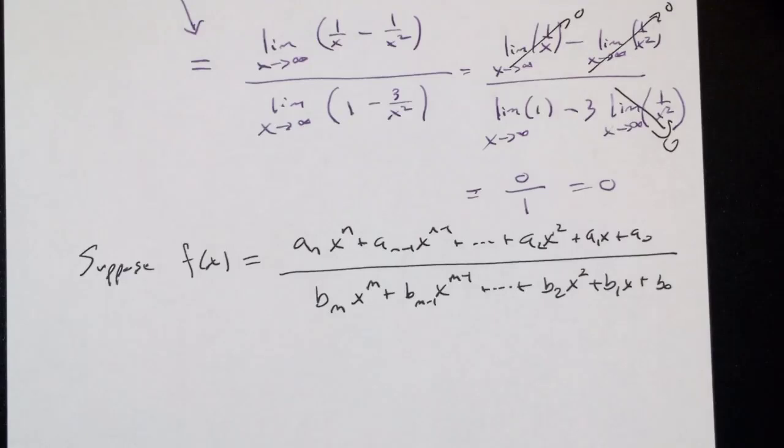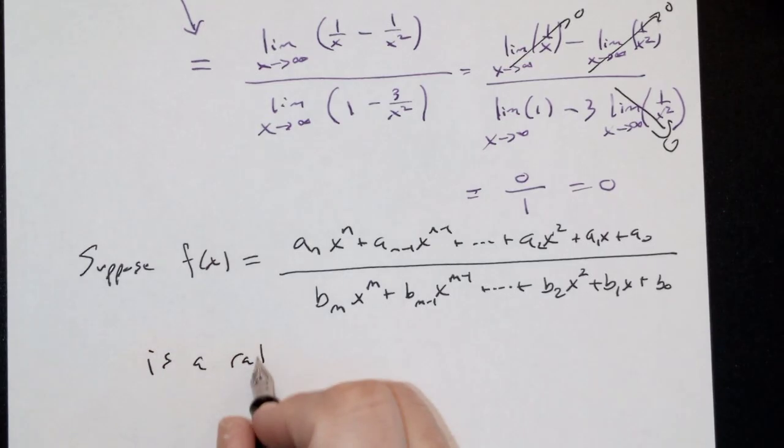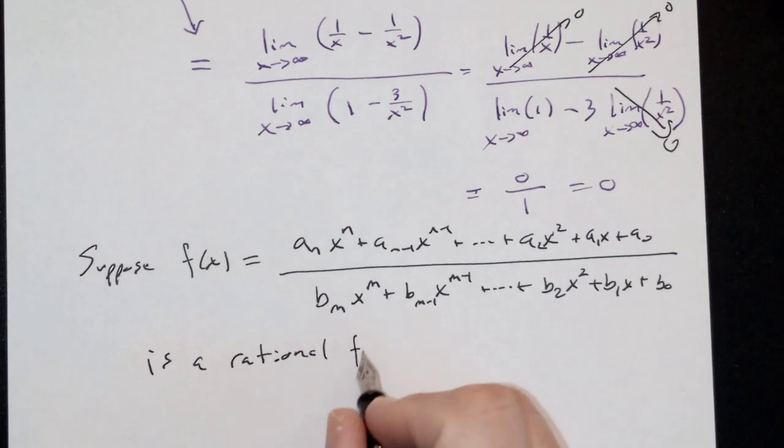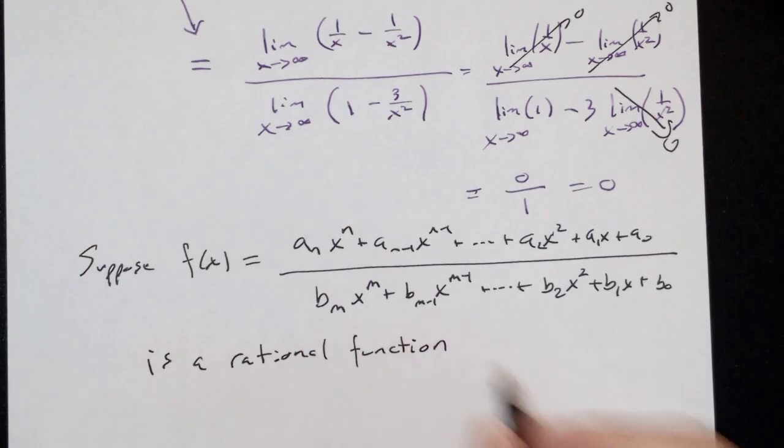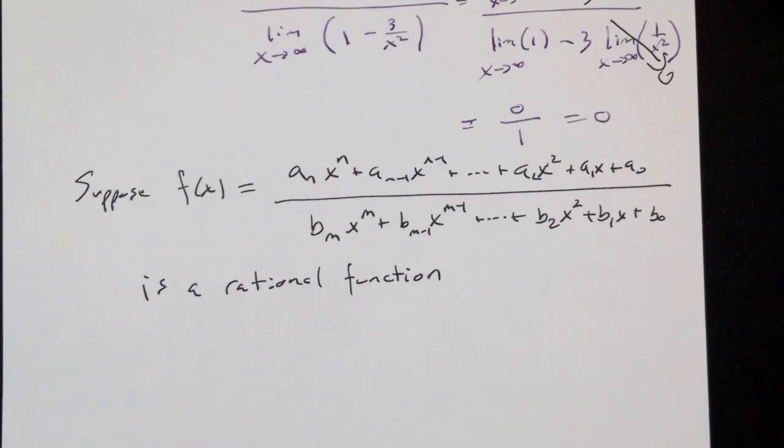So the top is a polynomial whose highest power is n. The bottom is a different polynomial whose highest power is m. That's the only difference. This is a rational function. That means I'm going to play the same trick.